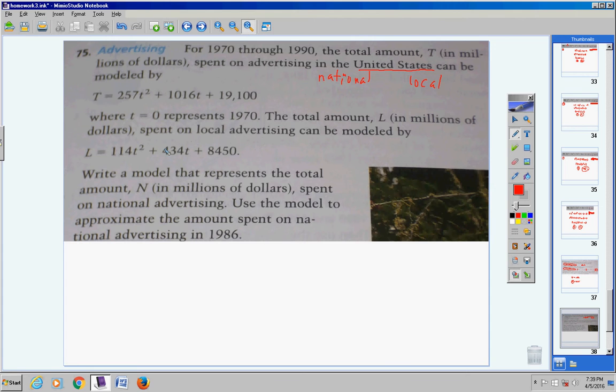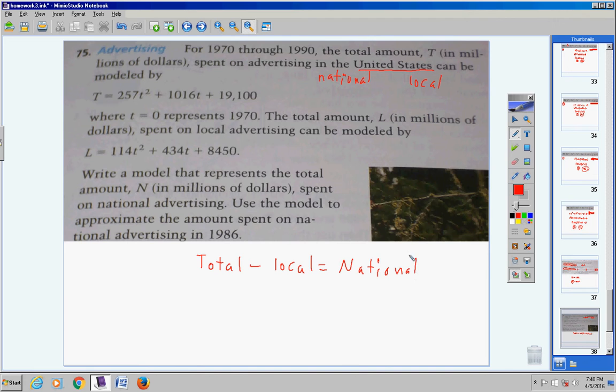They want you to write a model that shows the amount spent on national. Well, guys, that should be so easy. If you know the total amount spent in the country and you subtract out the local amount, what you're left over with has to be the national amount of spending.